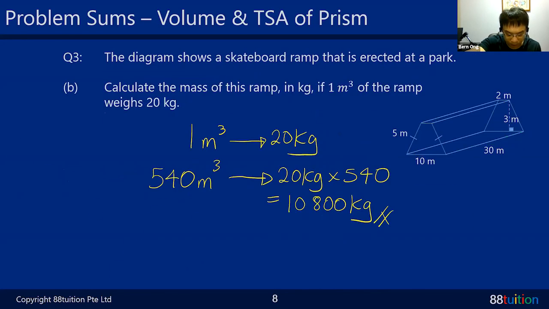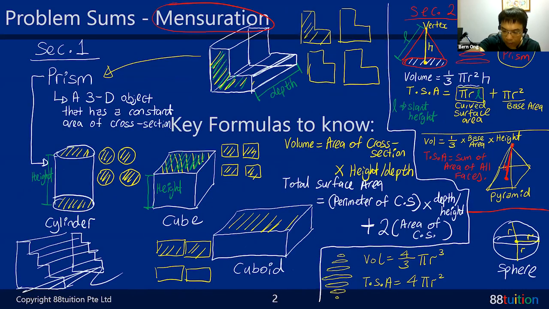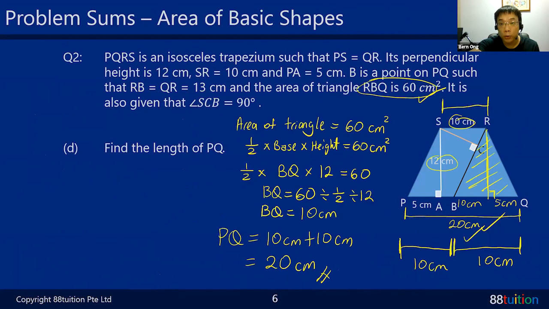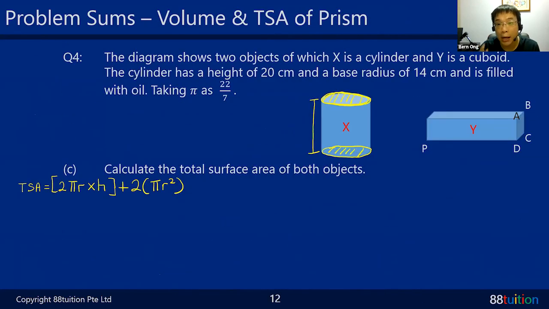Let me check. I go back to the formulas here. The cylinder down here I never write, but it's supposed to be. Volume of cylinder is pi r squared h. Total surface area of cylinder is 2 pi r h plus 2 pi r squared.